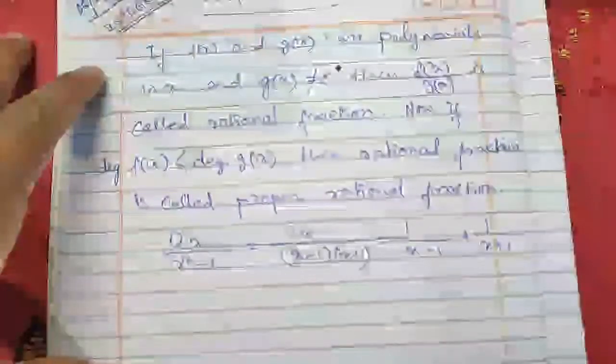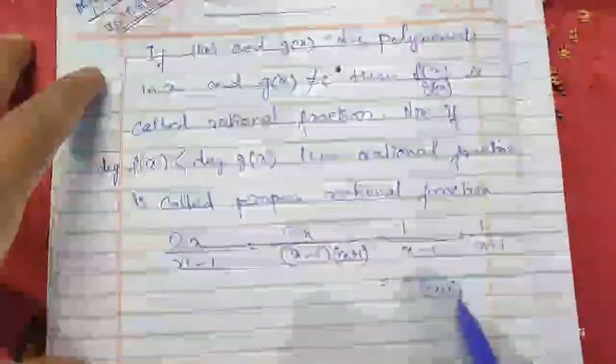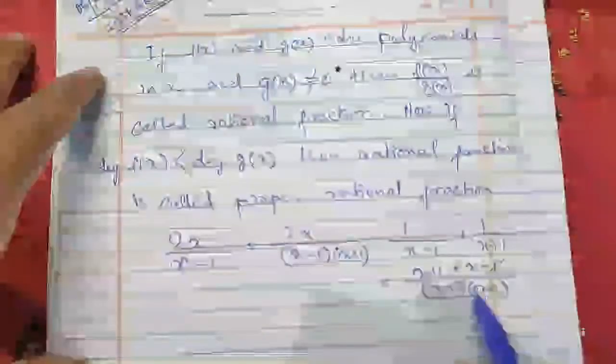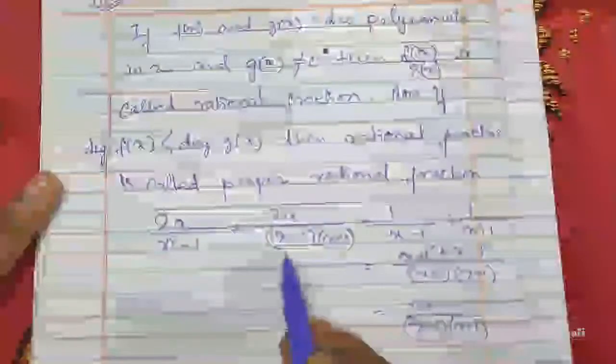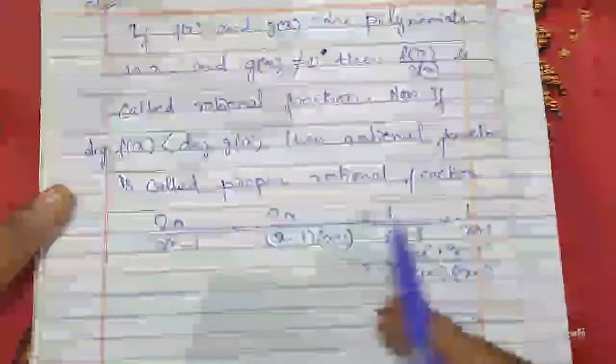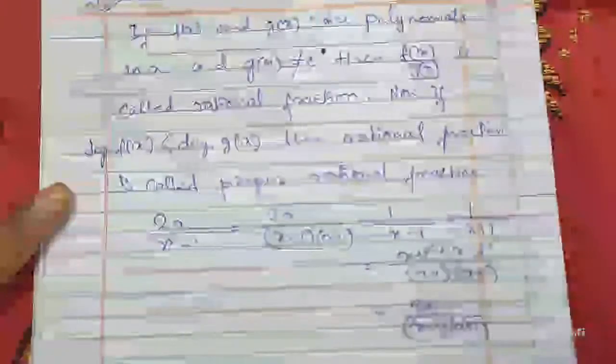Because if you do the LCM, you get x plus 1 plus x minus 1, the minus 1 and plus 1 cancel, so you are getting 2x. That means the rational fraction you are breaking into these two fractions, these are called partial fractions.